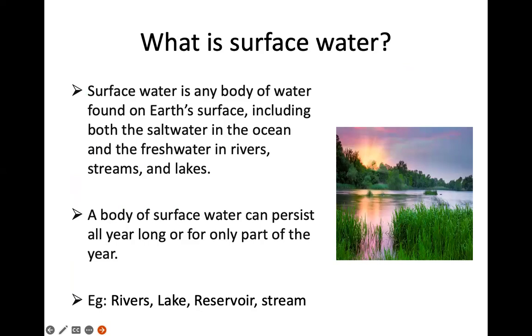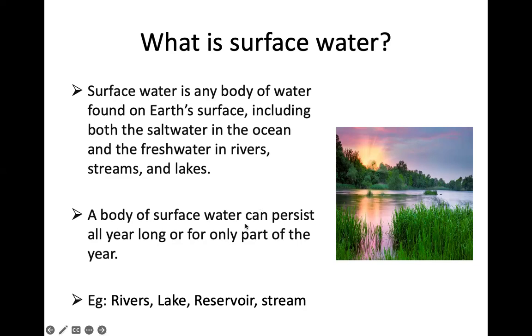What is surface water? As the name implies, surface water is water that is found on the surface of the earth that is visible. This water is any body of water that is found on the earth's surface, including the sea, that is salty, found in the ocean, and fresh water that is confined in rivers, streams, and lakes.